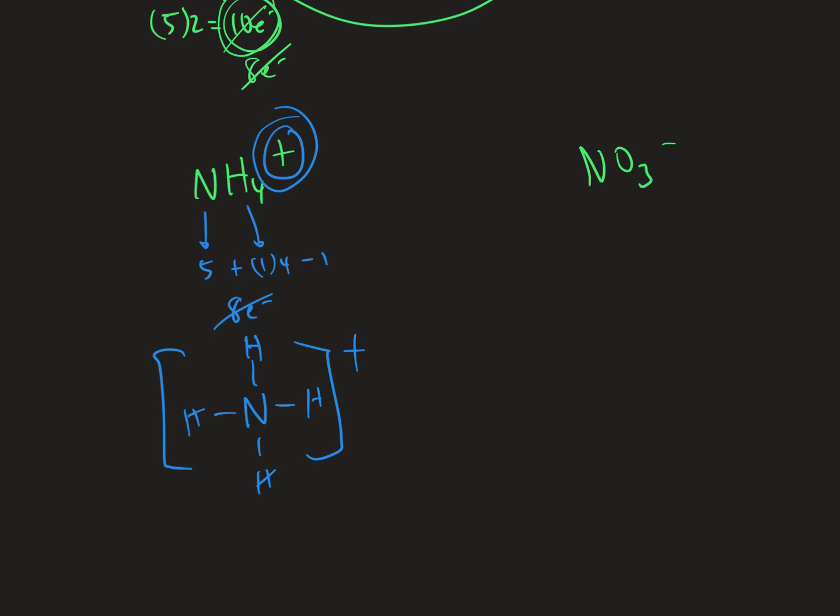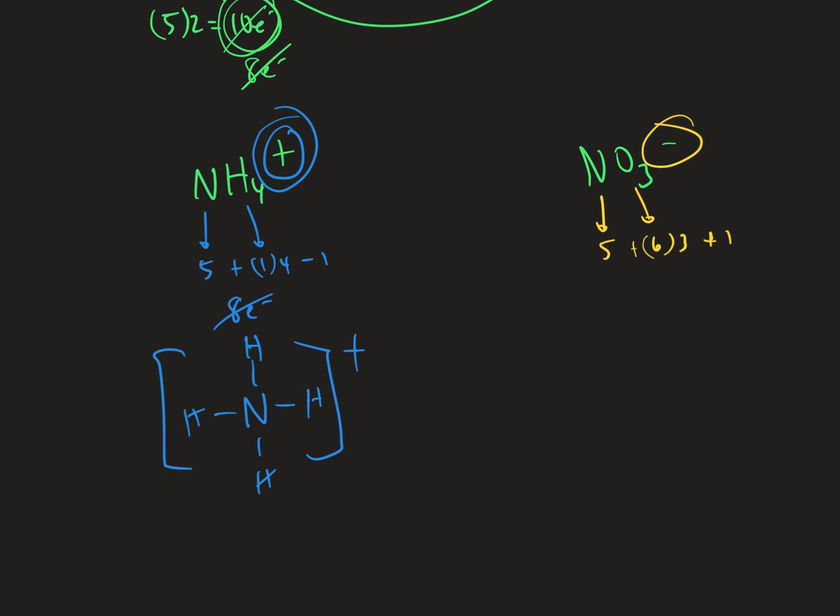Okay, now let's do the nitrate. 5 for nitrogen, 6 for oxygen times 3. What does this negative 1 charge mean? 1 more electron, 1 more negative. So we add 1 more. You follow?